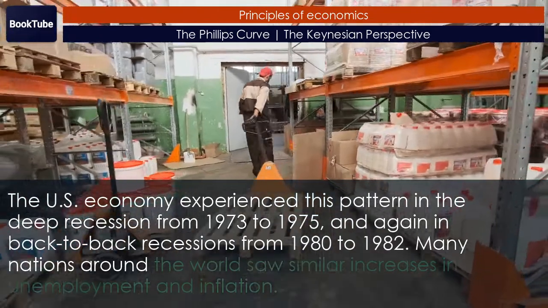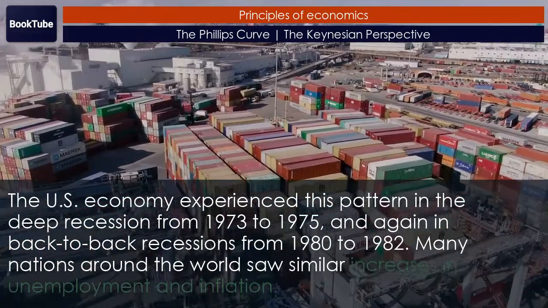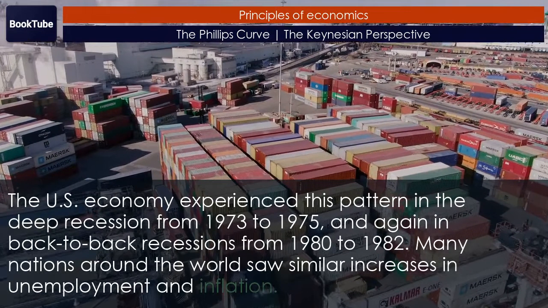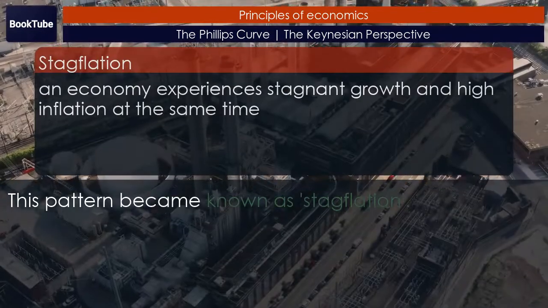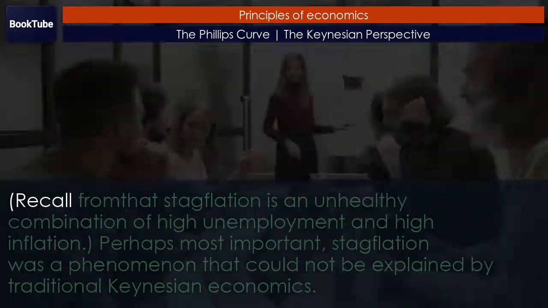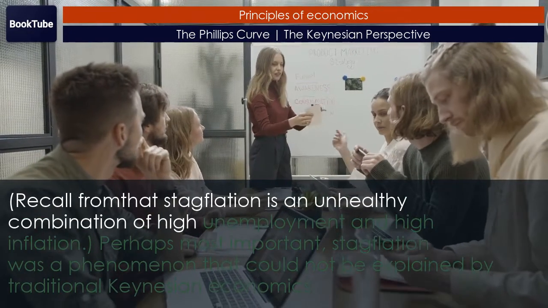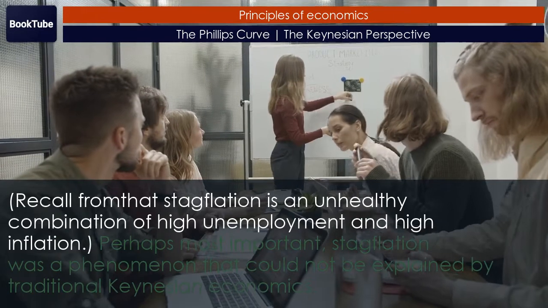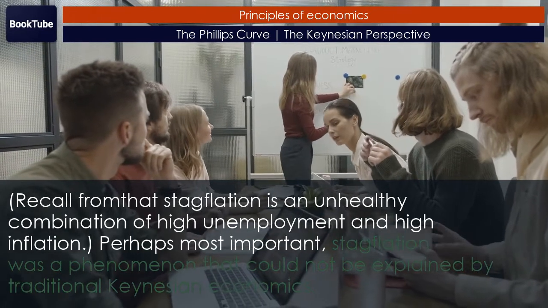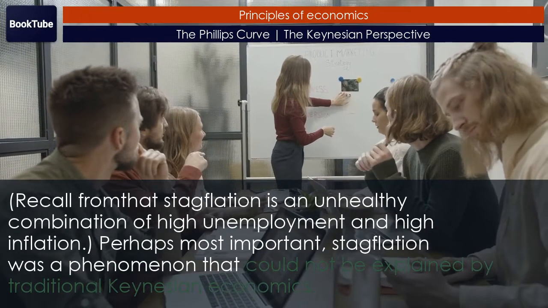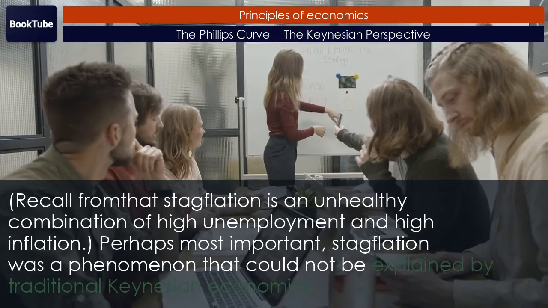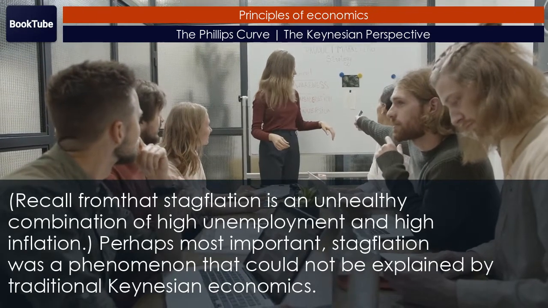Many nations around the world saw similar increases in unemployment and inflation. This pattern became known as stagflation. Recall that stagflation is an unhealthy combination of high unemployment and high inflation. Perhaps most important, stagflation was a phenomenon that could not be explained by traditional Keynesian economics.